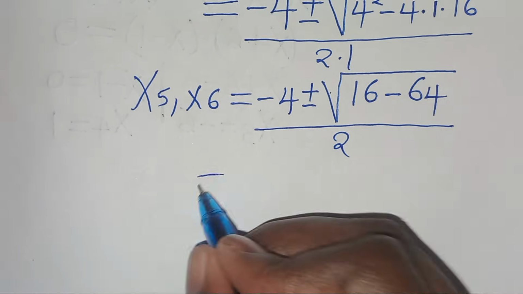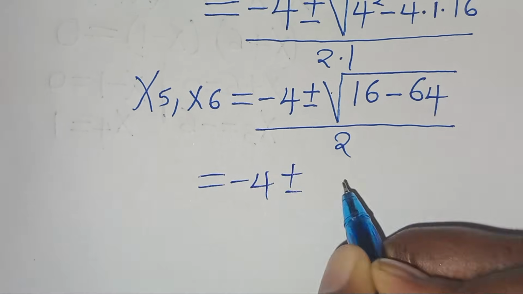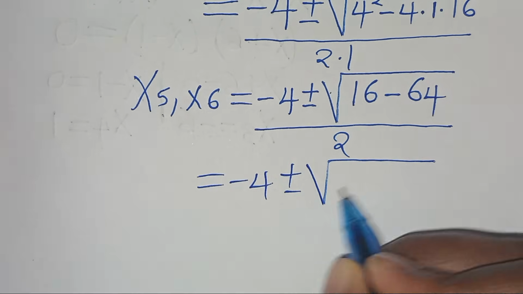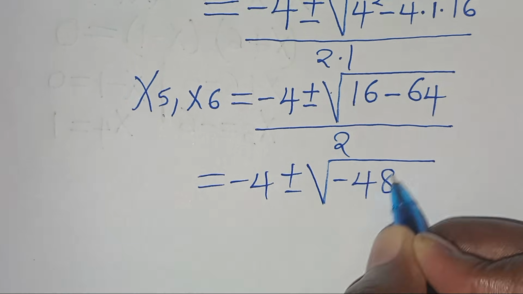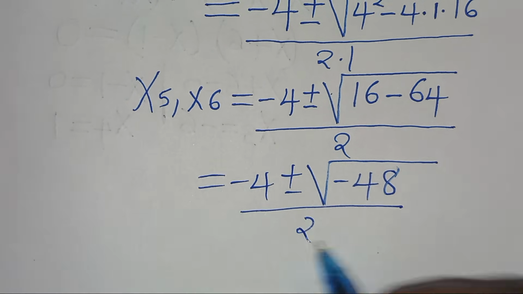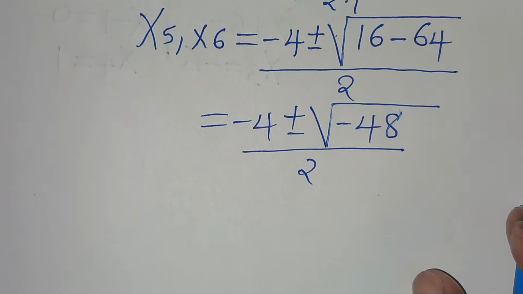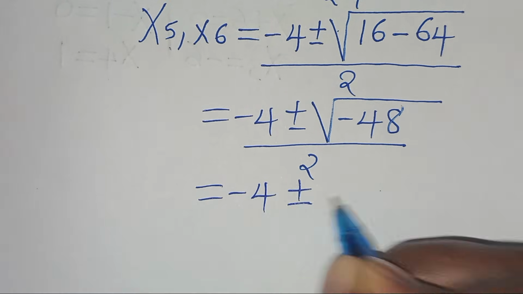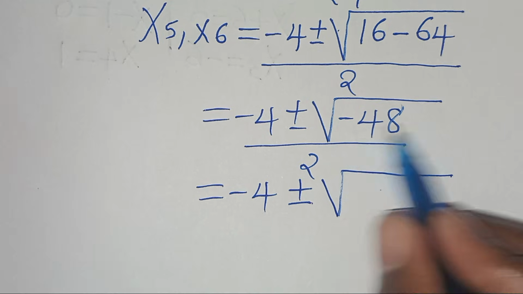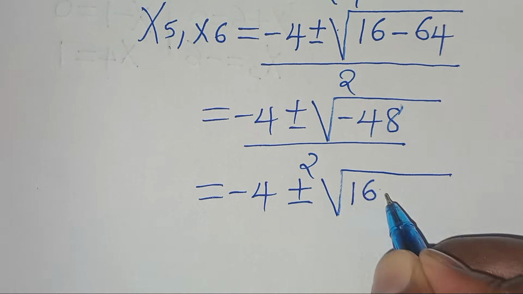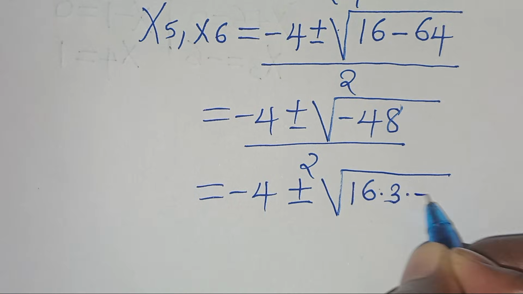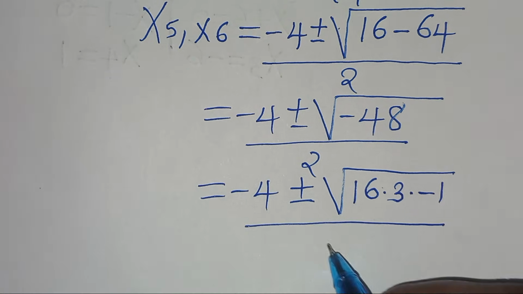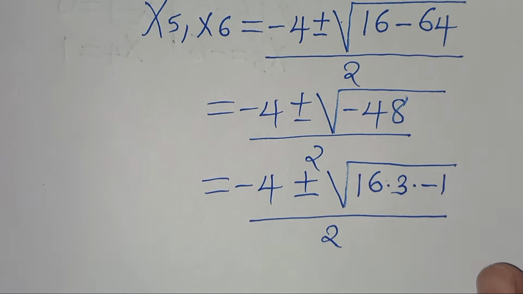So this means that here we have minus 4 plus or minus the square root of 16 minus 64. This is minus 48 over 2. So this means that here we have minus 4 plus or minus. We can express the square root of minus 48 as 16 multiplied by 3 multiplied by minus 1. Everything here divided by 2.